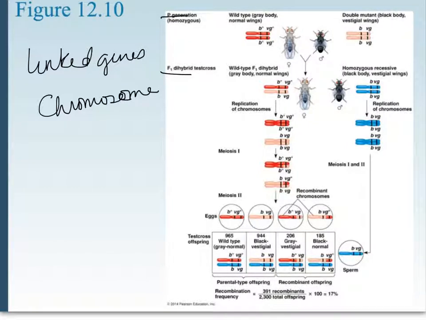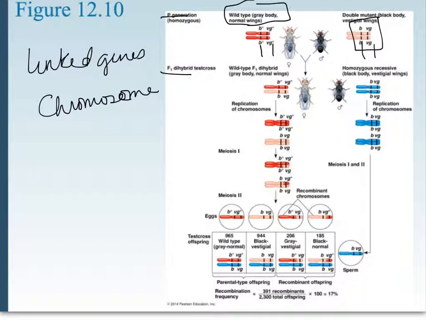We are not looking at an F2 generation. From our P generation, we're going to take 2 flies that are homozygous for these 2 traits, the body and then the wings. Here's your wild type with the pluses, and over here we have the mutants. We call him a double mutant because he's got a mutation for both of those genes.